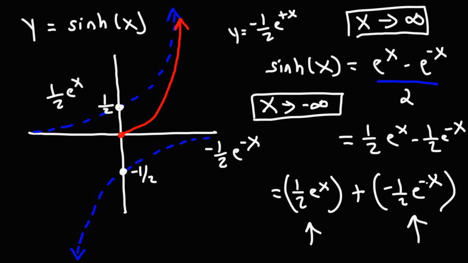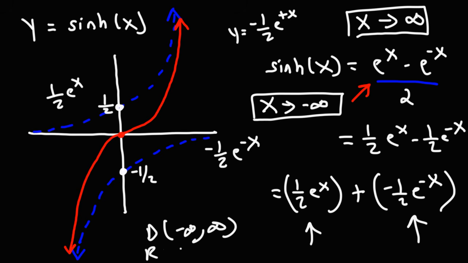So hyperbolic sine is going to mirror this graph as we go to the left. So that's how we can graph hyperbolic sine from the exponential functions. The domain for hyperbolic sine is negative infinity to infinity. The range is also negative infinity to infinity.